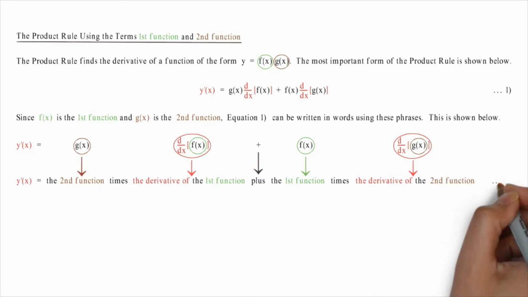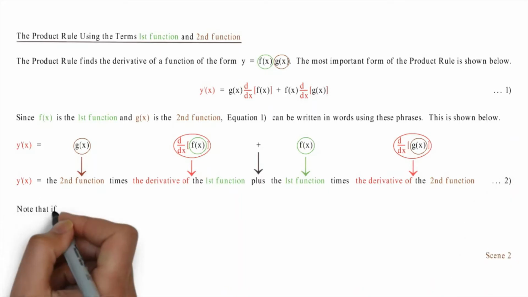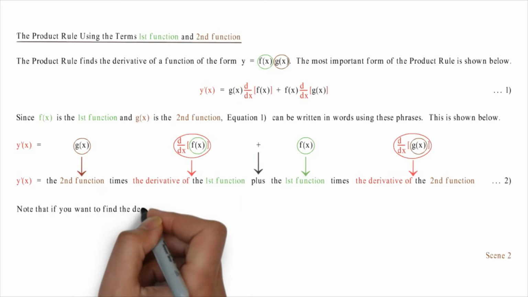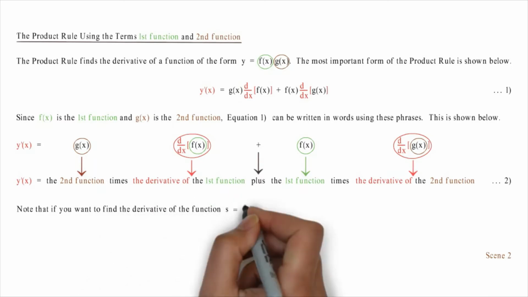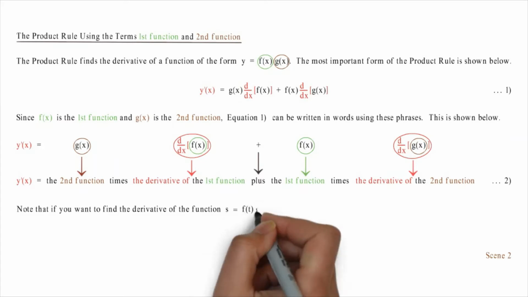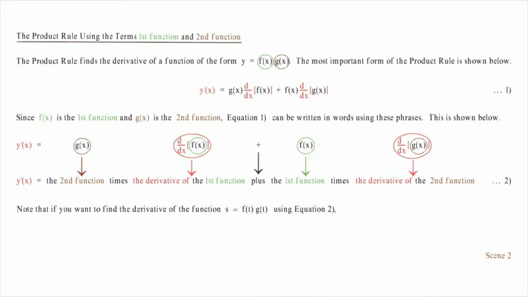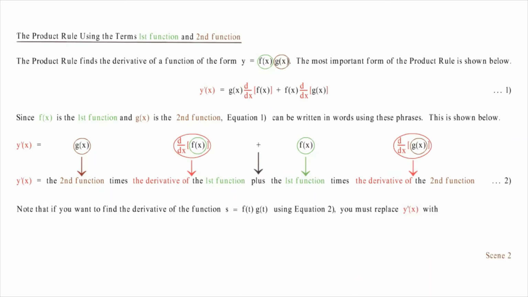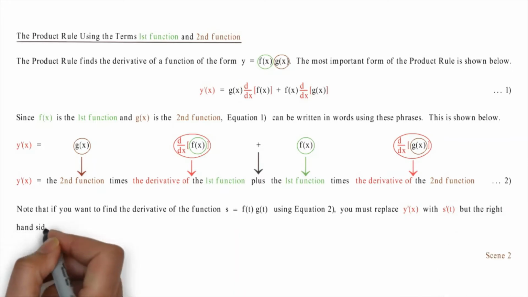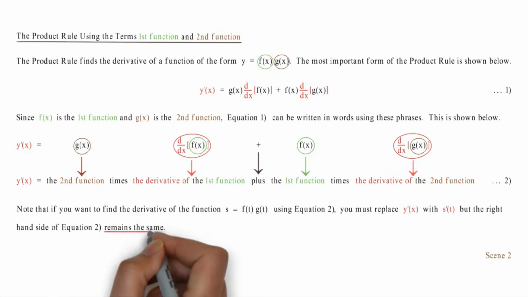Call this equation equation 2. Note that if you want to find the derivative of the function s equals f of t times g of t using equation 2, you must replace y dash of x with s dash of t, but the right-hand side of equation 2 remains the same.